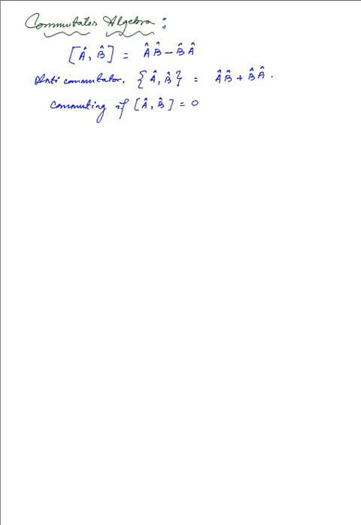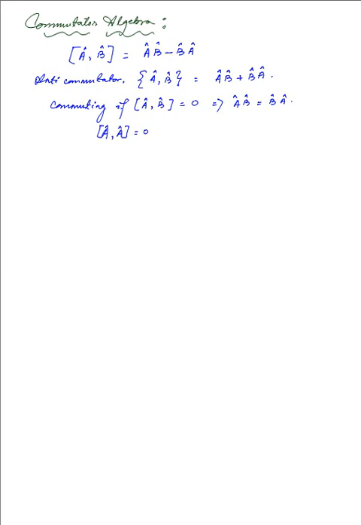This also means the right hand side is equal to 0, which means the product AB will be equal to BA. So then we have them as commuting operators. Now any operator commutes with itself for sure. This is the case of self commutation.